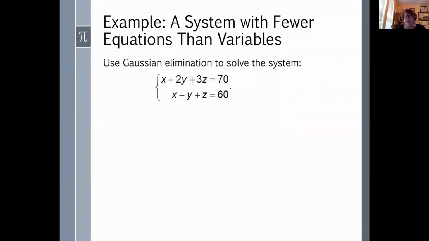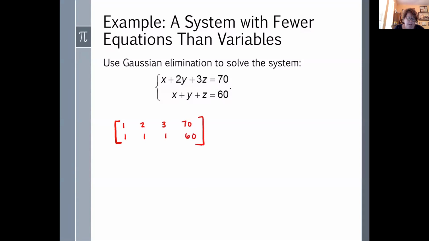So I'm going to write the augmented matrix. Now, in this case, I only have 2 equations, so I'm only going to have 2 rows in my matrix. The first column, 1, 1. The coefficients on the x's are 1. Second column would be 2, 1. Third column would be 3, 1. Fourth column would be 70, 60.